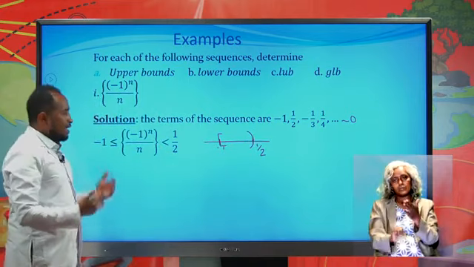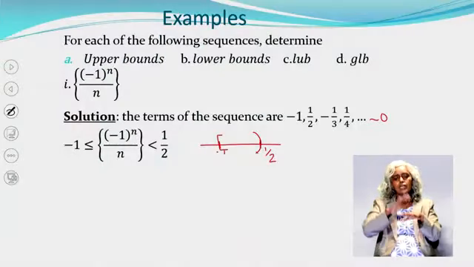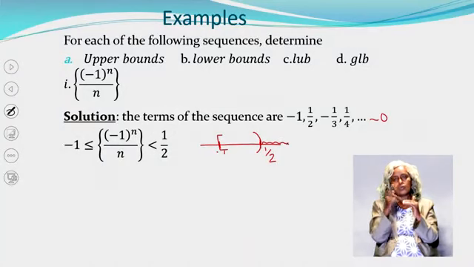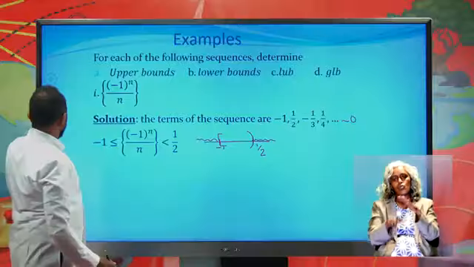Any number greater than or equal to 1/2 is an upper bound of the given sequence. And any number less than or equal to negative 1 is a lower bound of this sequence.